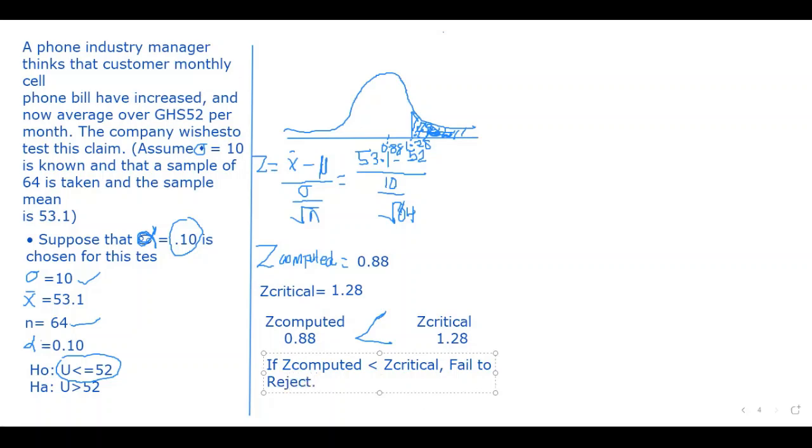Right. So you can also use the P-value approach. In the P-value approach, you find the probability of Z computed 0.88 using the Z table, and you compare it with the 0.1, that's the alpha value.